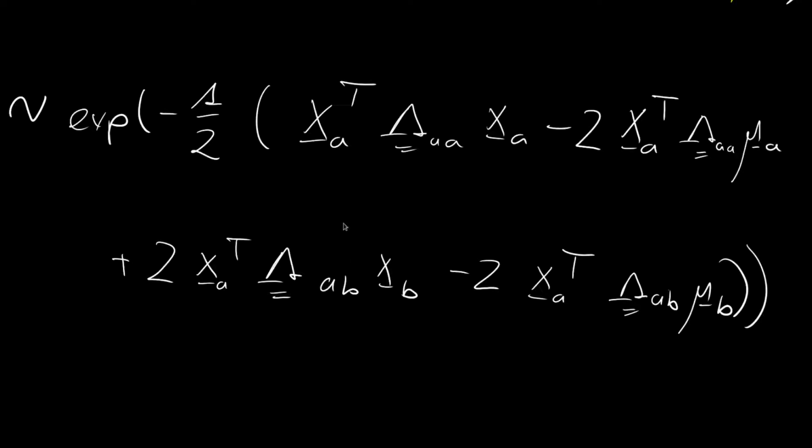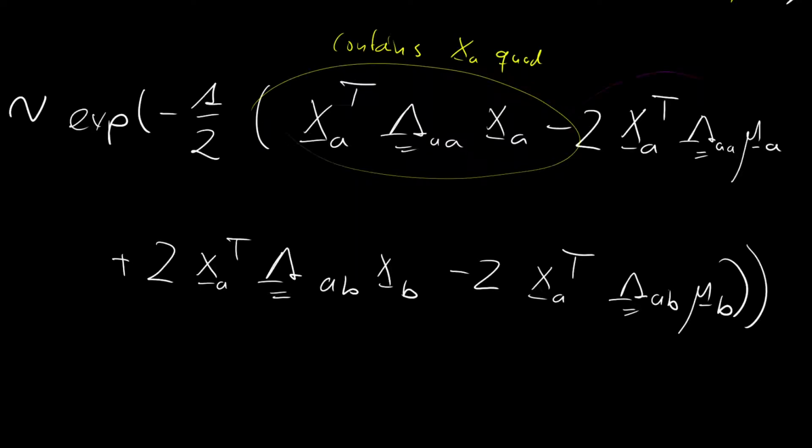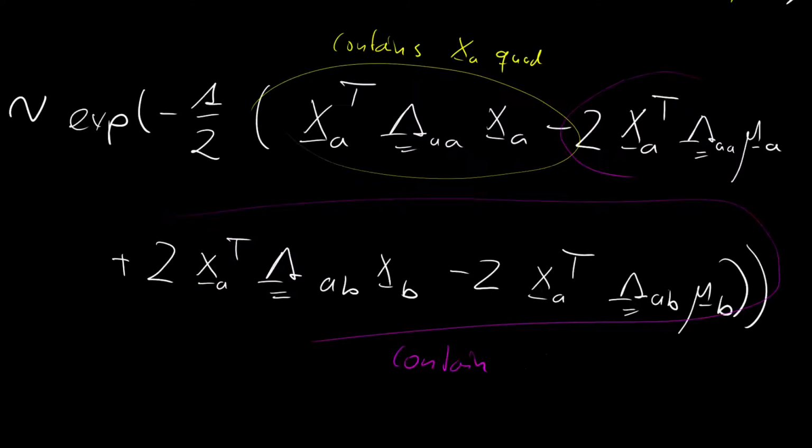And then we are really close to finding the distribution over XA because we are left with only terms that contain XA at least. The difference is now that this contains XA quadratically, and then we have these terms that contain XA linearly.